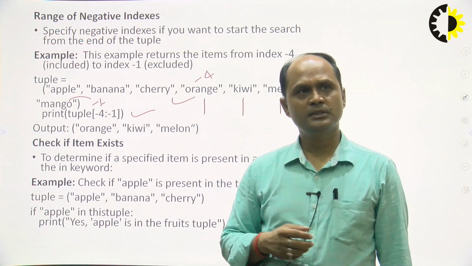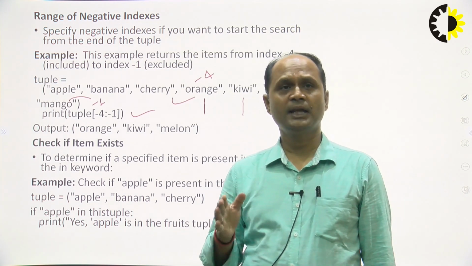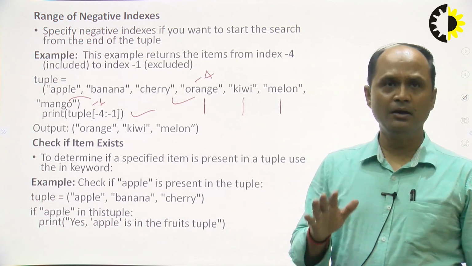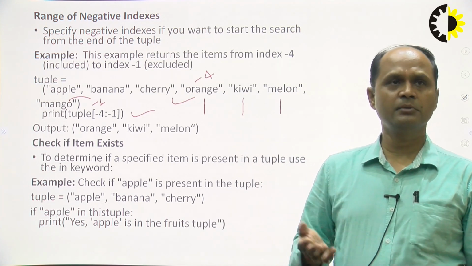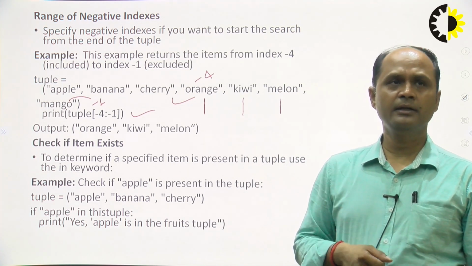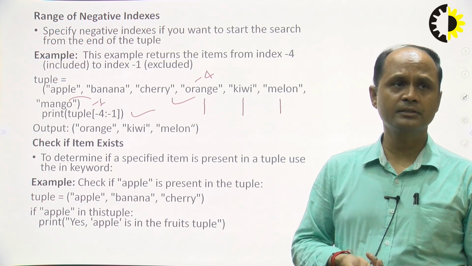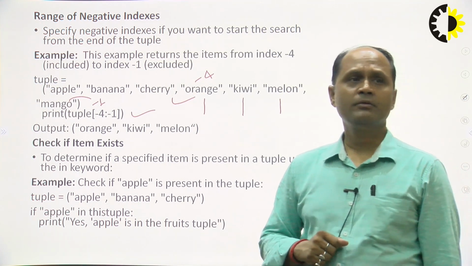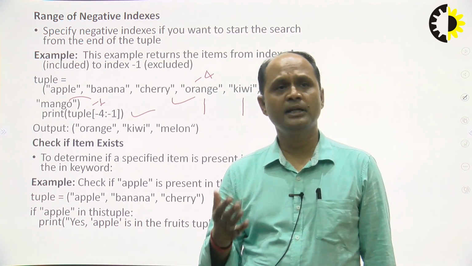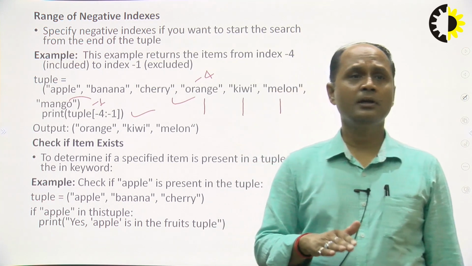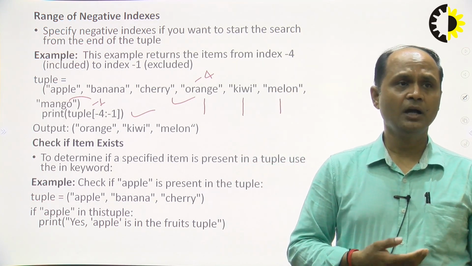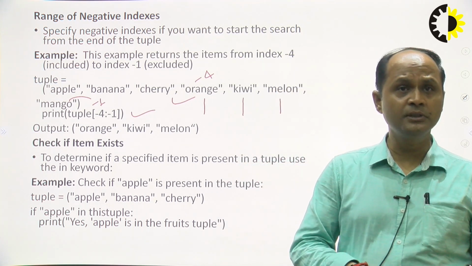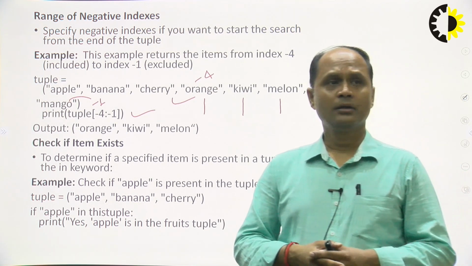So this is the range function that we use in a tuple. We have discussed the range index and the range negative index. Now, when we need to determine whether a specific data item is present in a tuple, how is it used?